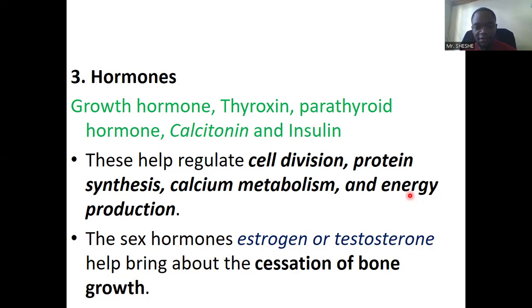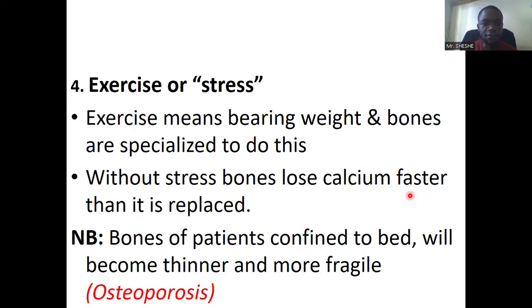Female bones are thin, small, and very smooth on the surface, like a child. Sometimes it's difficult. If you are given a bone of a child and the bone of a female, you may not know whether it is a female or a child because they have similar features as compared to male bones. So those that do forensic anatomy, for example, can use bones to identify the gender of an individual, whether it is male or female.